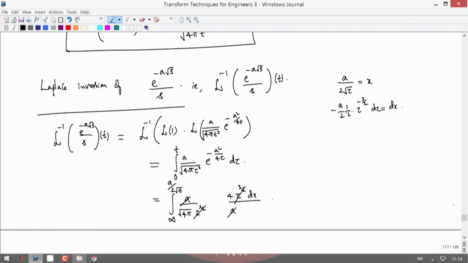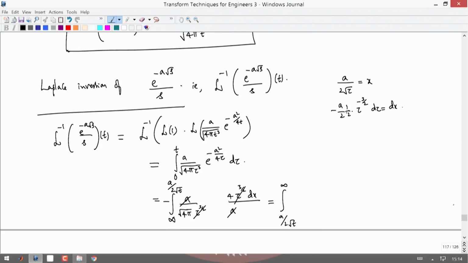So, you end up getting, and you have a minus sign, that is a minus, dx is d tau is minus of that. So, I put the minus here. So, you can rewrite this as 2 root a by 2 root t to infinity, because of minus I can interchange these limits. So, you have 4 times.